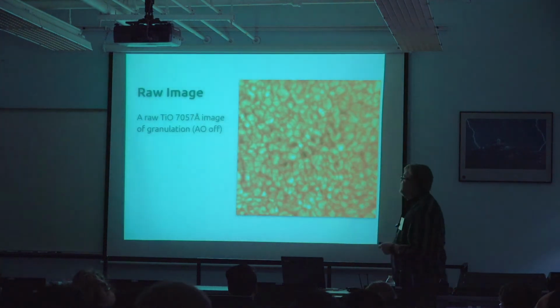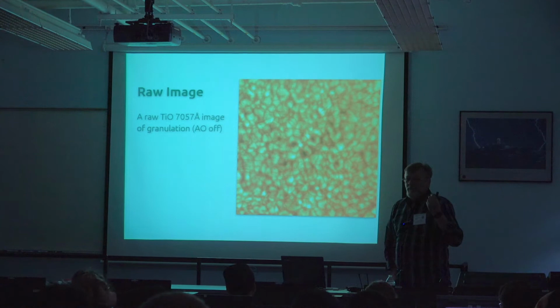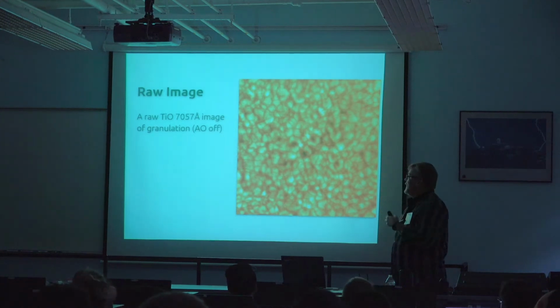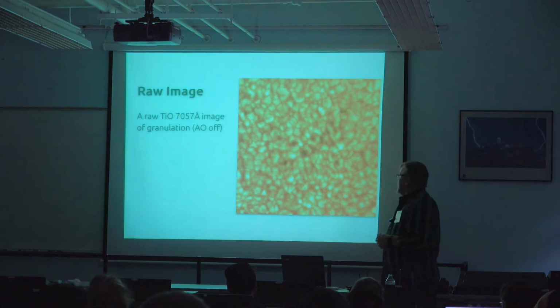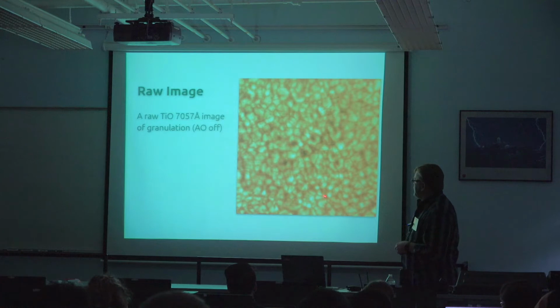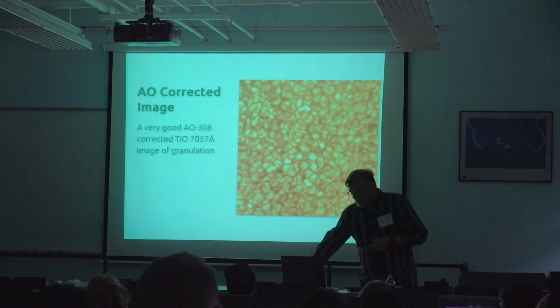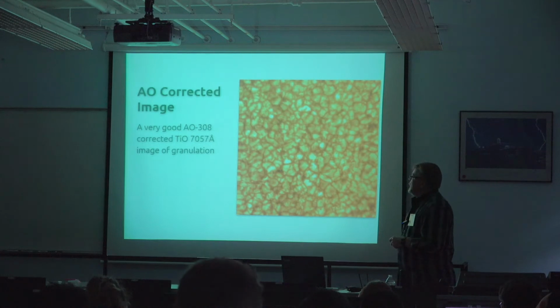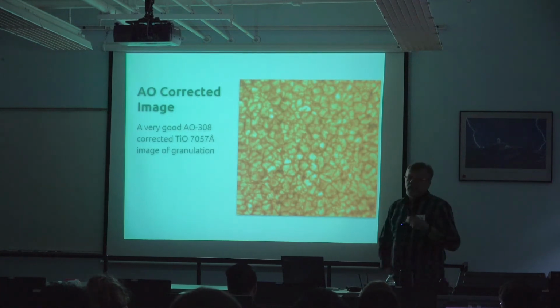Another image, a raw image without AO, as you would see on the screen when you take data. This is not a particularly good image, neither is it a bad image. It's just an average image. You can see granulation again and maybe some bright points. However, if you run the speckle code on that image, it will not produce good results. When you turn on adaptive optics, the image gets a little bit better. You can already see bright points, which are concentrations, places where you have very strong magnetic field.